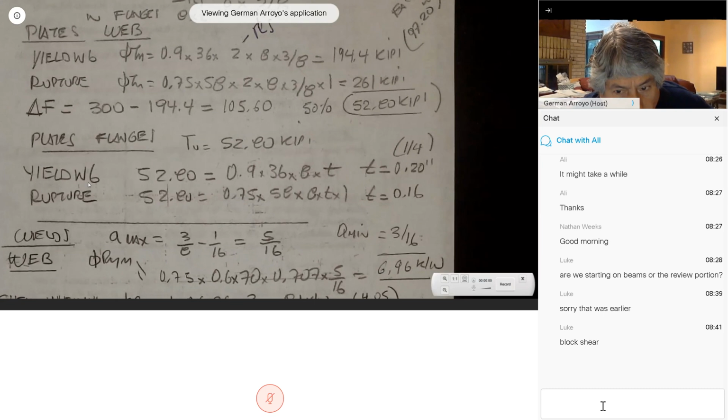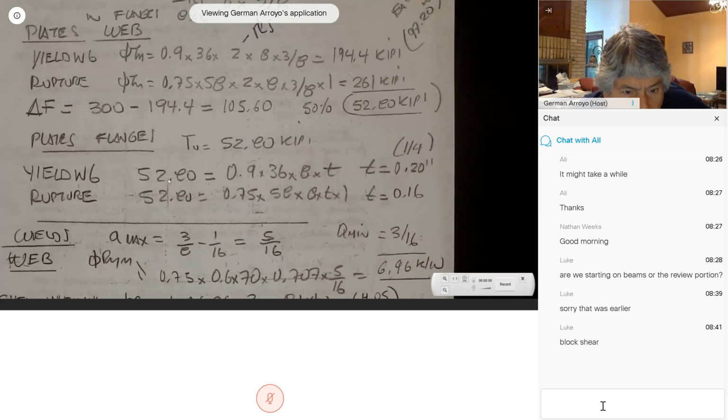I did yielding, tension yielding. 52.80 is my TU, 0.9 times 36 times T. So if yielding were to control, I need 0.2, a quarter inch. If fracture were to control, I have 52.80 equal to 0.75 times 58 times 8 times unknown T, T equals 0.16.